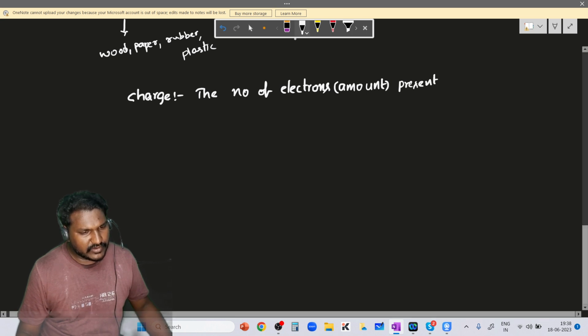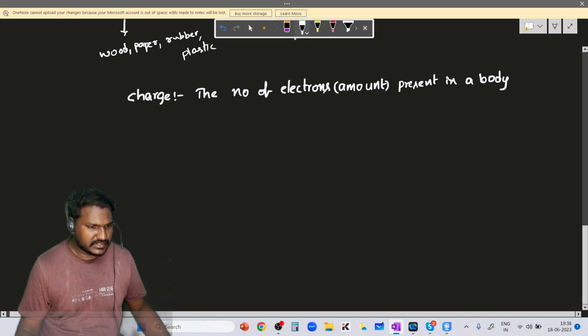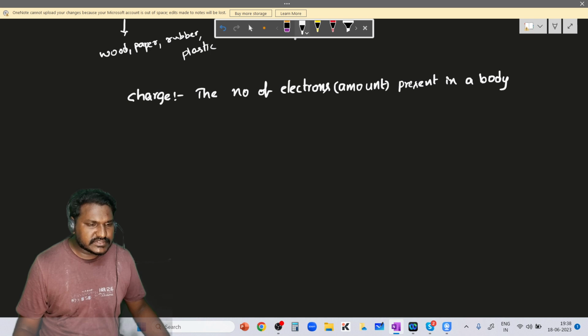The number of electrons present in a body is known as charge. Electrons are responsible for causing current. If there are more electrons, more current will be passed. If there are fewer electrons, less current will be passed.